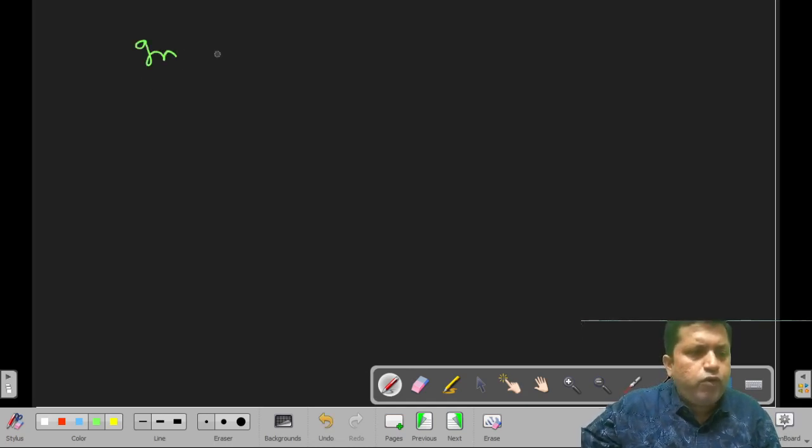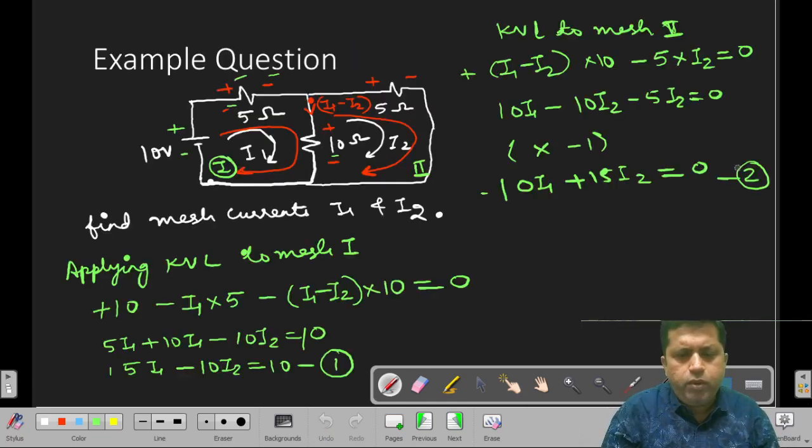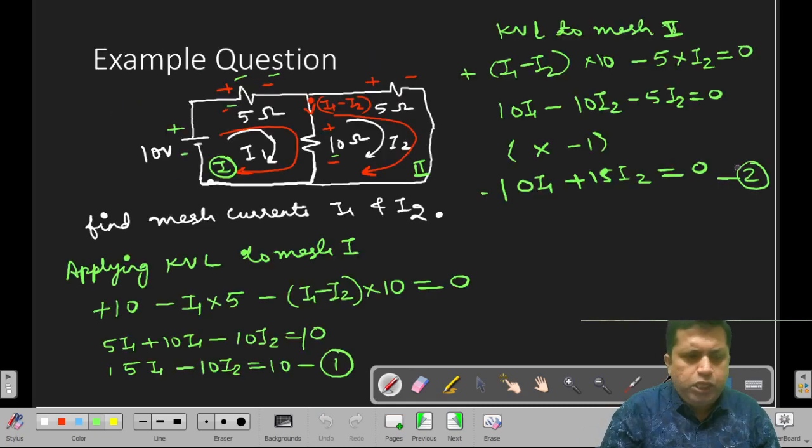So in matrix form, what we'll see here: first equation 15 and minus 10.